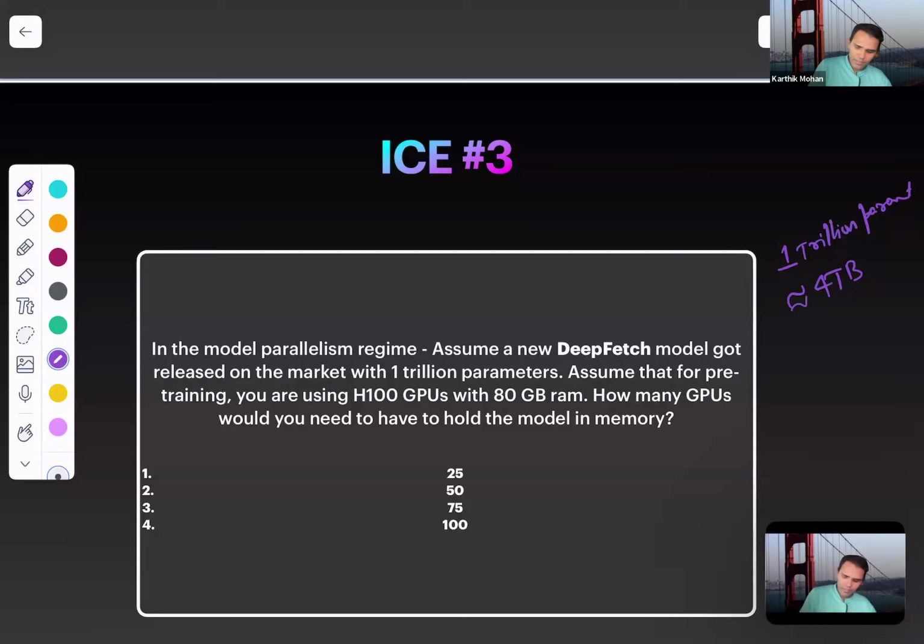Now we have 80 GB RAM per GPU, so you need at least 4,000 divided by 80, which is 50.